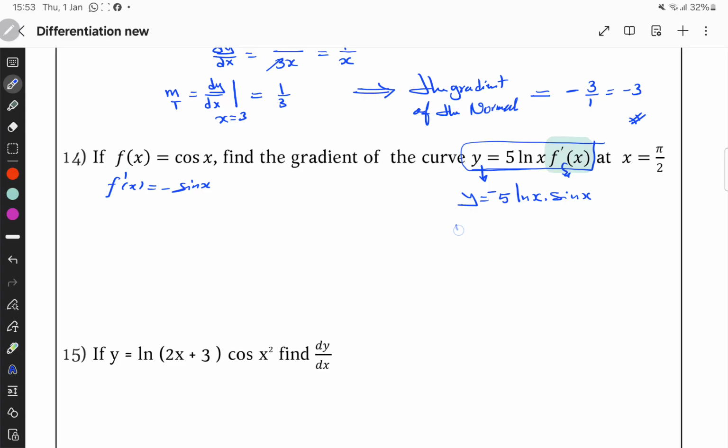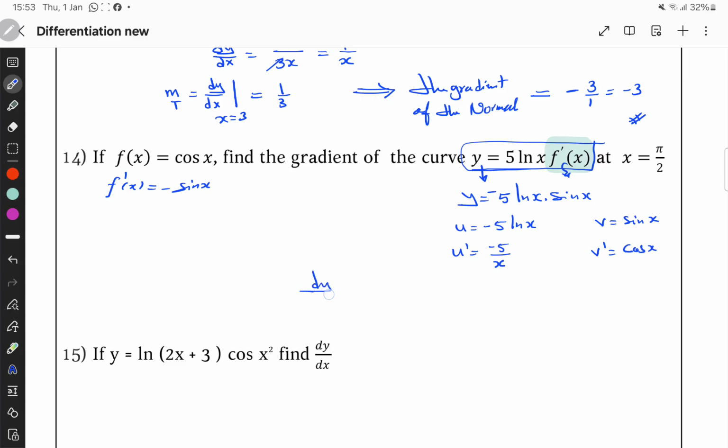So u is equal negative 5 ln x. V is equal sine of x. So u dash, derivative of ln x, x down, derivative of x, 1 times negative 5, it will be negative 5. V dash, derivative of sine, it will be cosine.